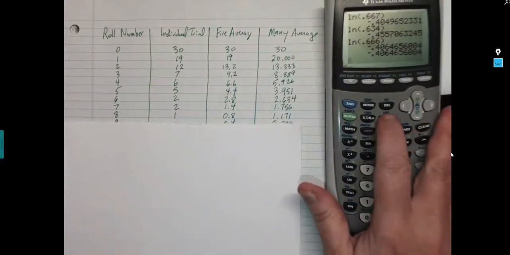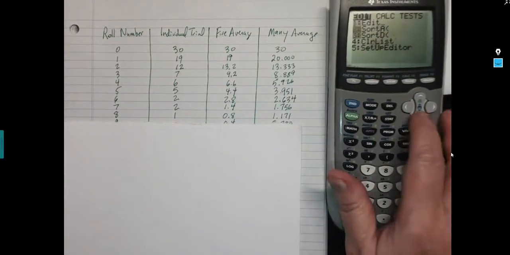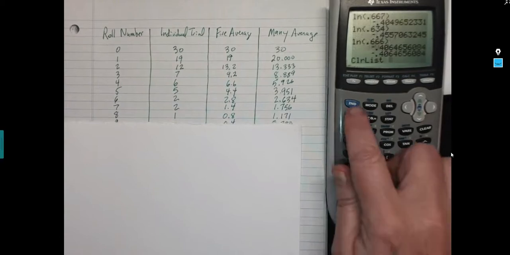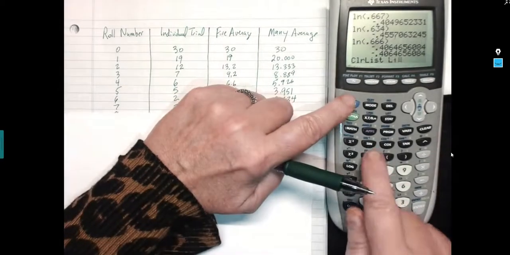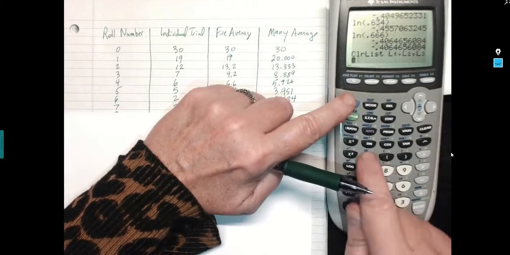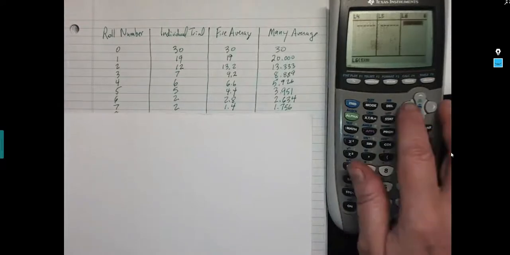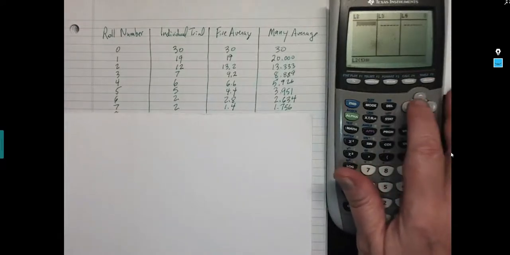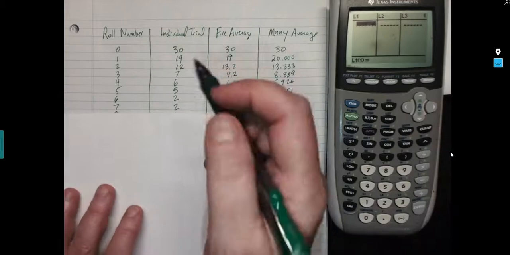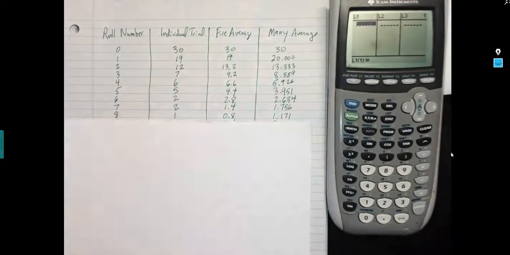So the first thing we want to do is press Stat, and let's clear out 6 lists. Okay, and now let's go to list 1, scroll over, and I just want this from 0 to 8.